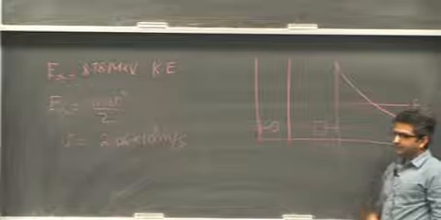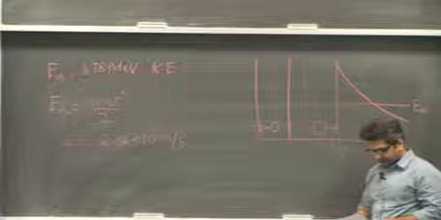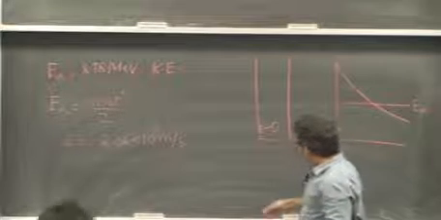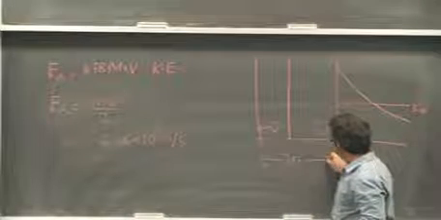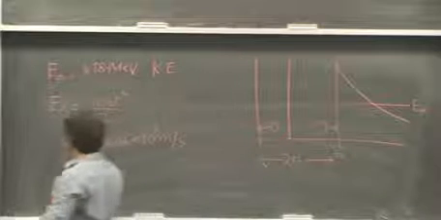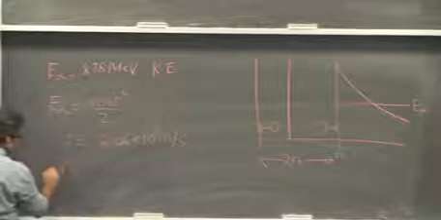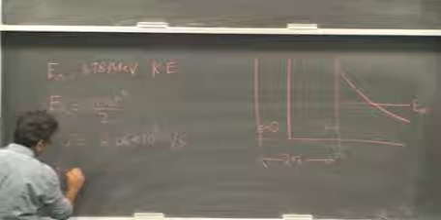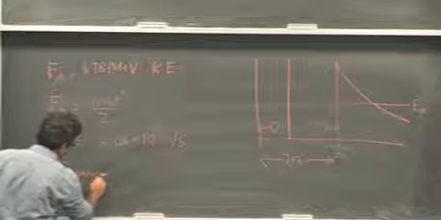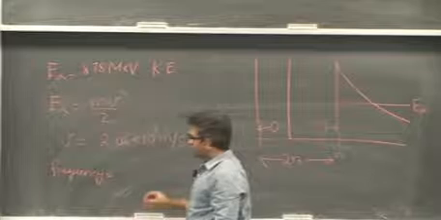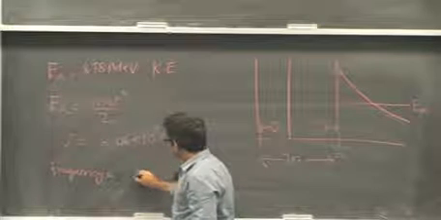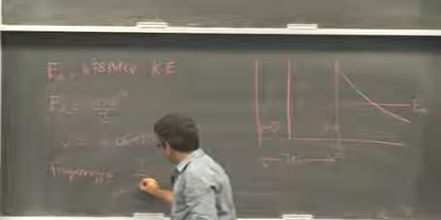If this is the velocity, and that total distance is 2r naught, then the frequency would be v over 2r naught.